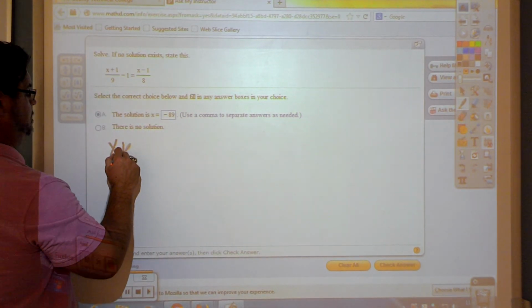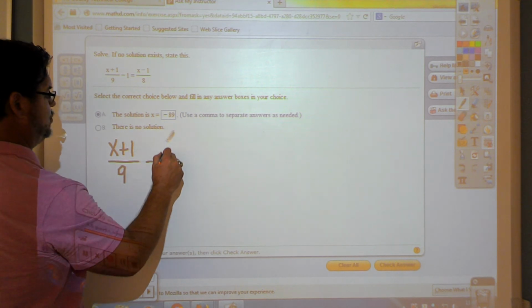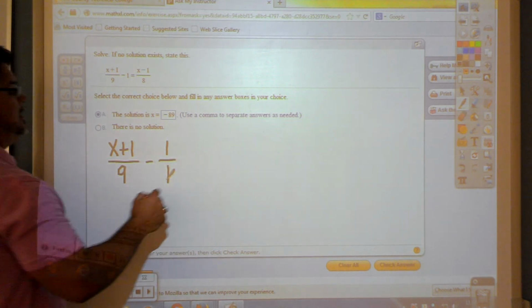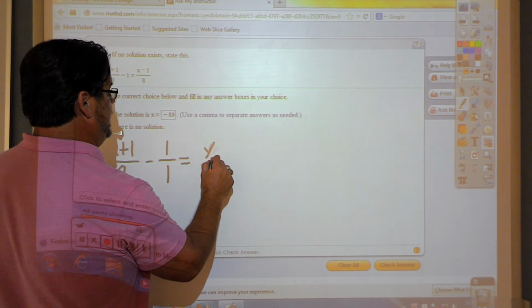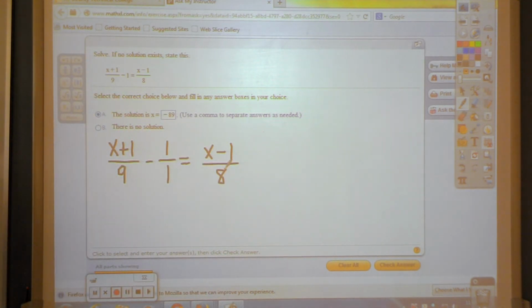x plus 1 over 9 minus 1 over 1 is equal to x minus 1 over 8. And what's the common denominator of 8, 1, 9? 72.